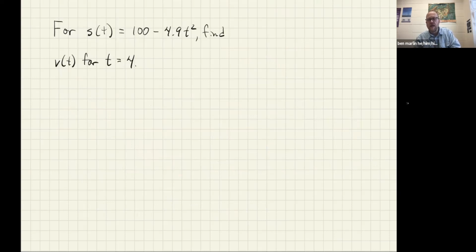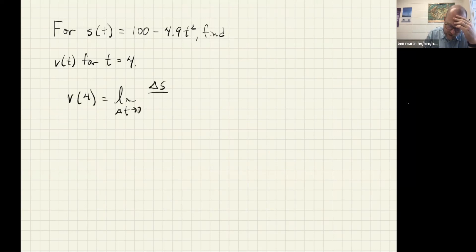And here we're going to find the velocity at the time when t is equal to 4. So if you recall, for velocity problems, we were going to say v of 4 is the limit as delta t goes to 0 of delta s over delta t.